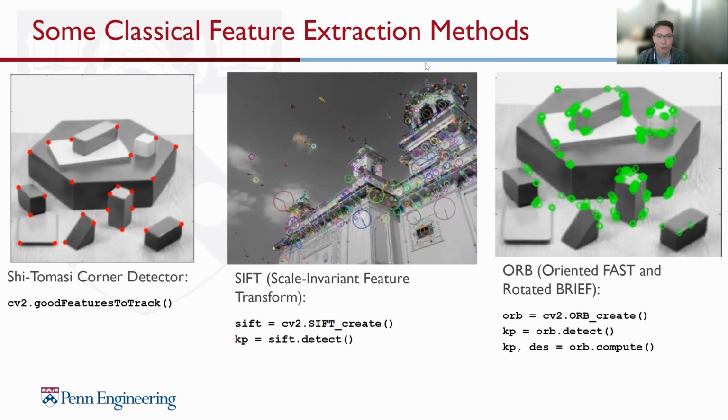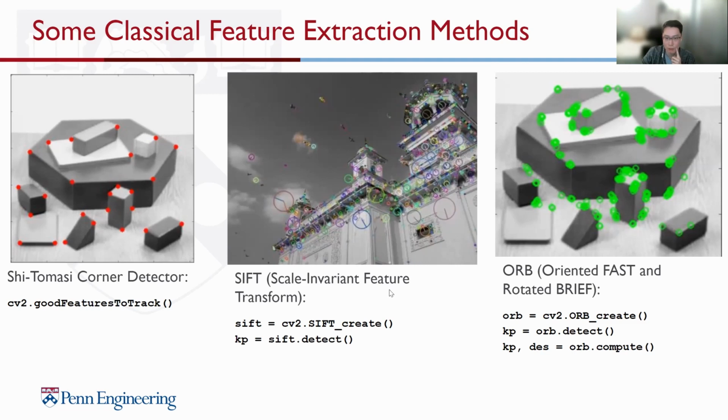All of these feature extraction methods output a vector that you can compare to another feature to see if you're looking at the same thing. The second one is called SIFT. It's scale invariant. That means if the thing is closer to you or enlarged, it will still output the same descriptor vector, so that you can know that this is the same point as the other.